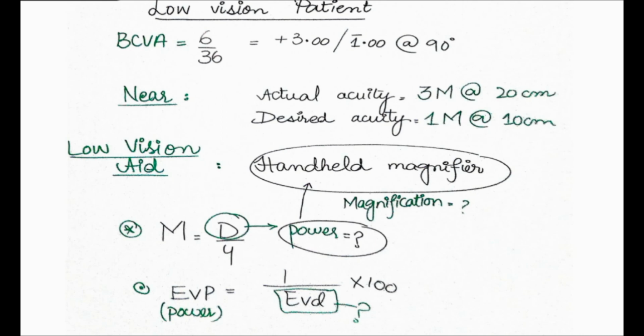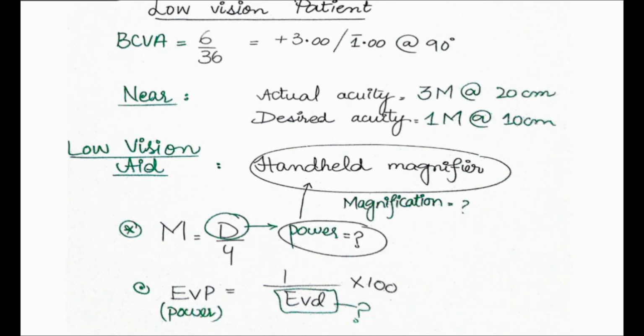So first of all, for the magnification of a handheld magnifier, we can calculate it by the formula M equals D by 4. Here M is the magnification and D is the power of the handheld magnifier. If we are giving a spectacle to the patient, we have a specific power, like +3 sapphire, and the magnification of +3 sapphire will be different.